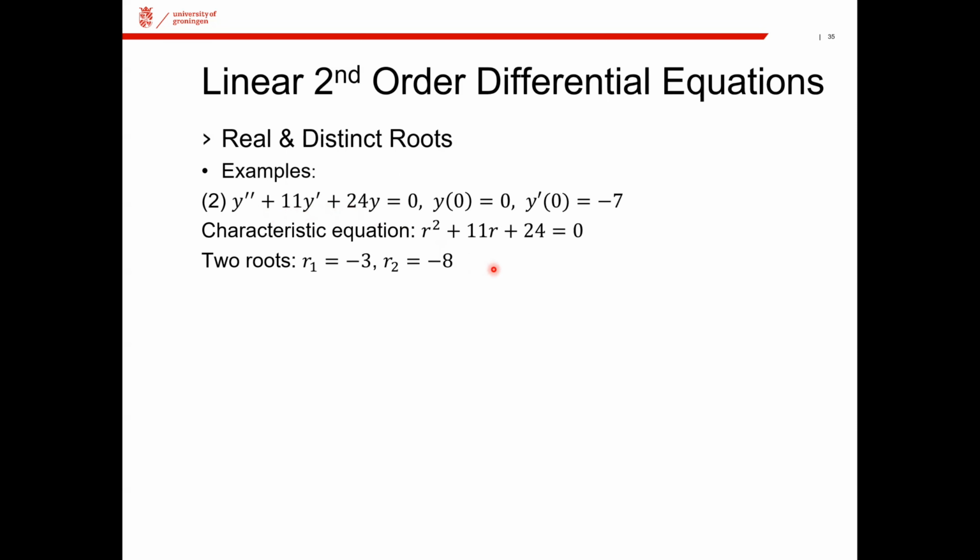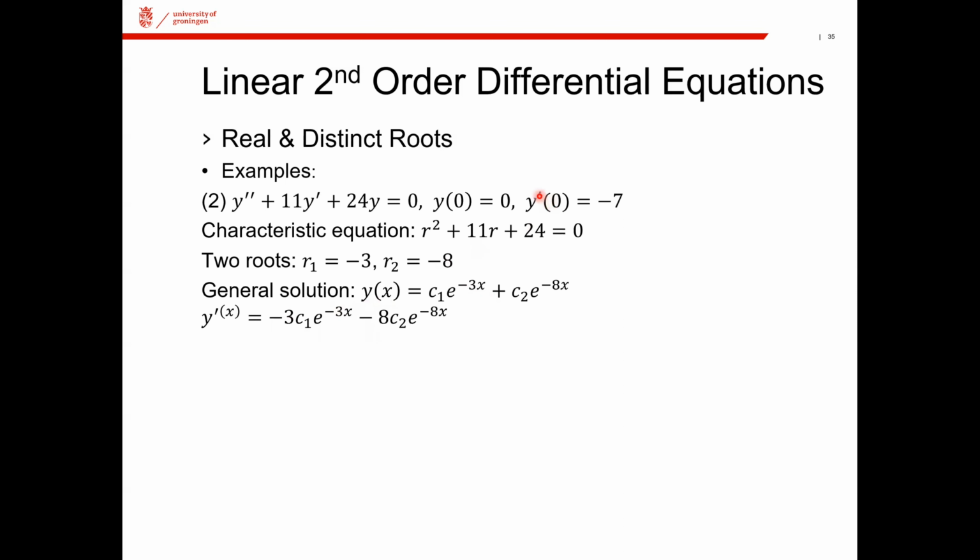And in this case, still two roots, real and distinct. So we solve this equation and we have r1 equals minus 3 and r2 equals minus 8. And applying the formulas, we have the general solution. y(x) equals C1 times e to the power of minus 3x plus C2 times e to the power of minus 8x.